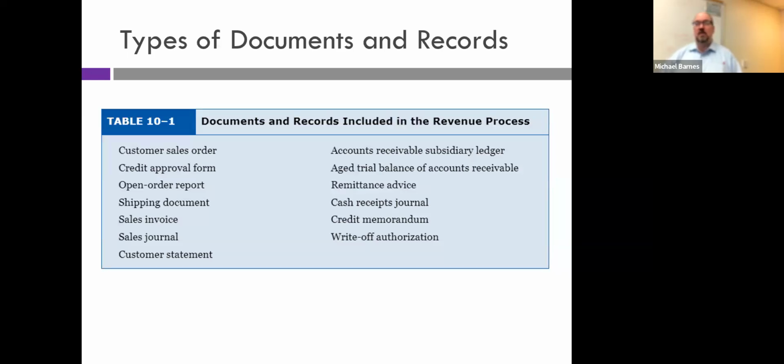This credit approval process is considered to be a control, which we'll see a little bit later in the revenue controls. There's also other documentation that flows through the process. The documentation is usually checking to make sure that we understand what stage of the revenue process we're in, whether we shipped the items, whether we received the cash, and whether there is anything outstanding that we need to be aware of.